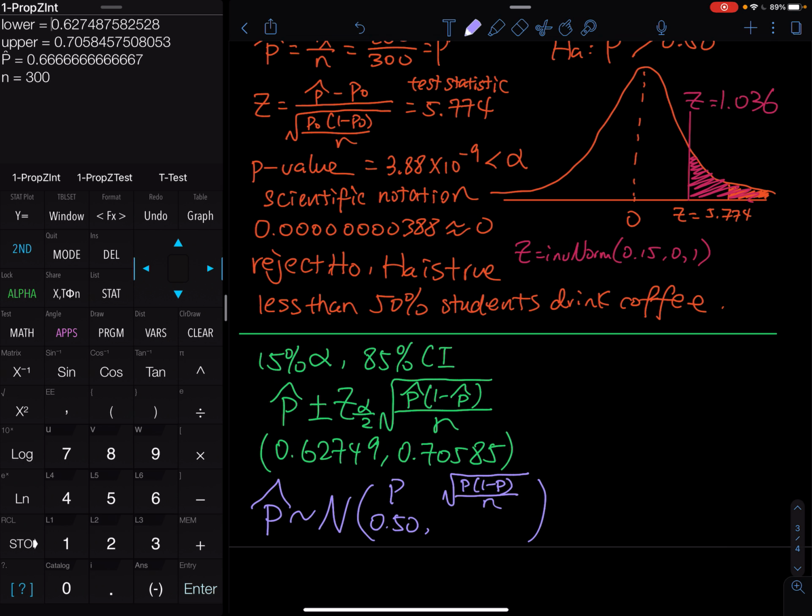You have the square root of 50%, 1 minus 50%, 1 minus 0.5 is still 0.5, and then you divide it by the sample size, which is 300. So this one you have 0.0287.